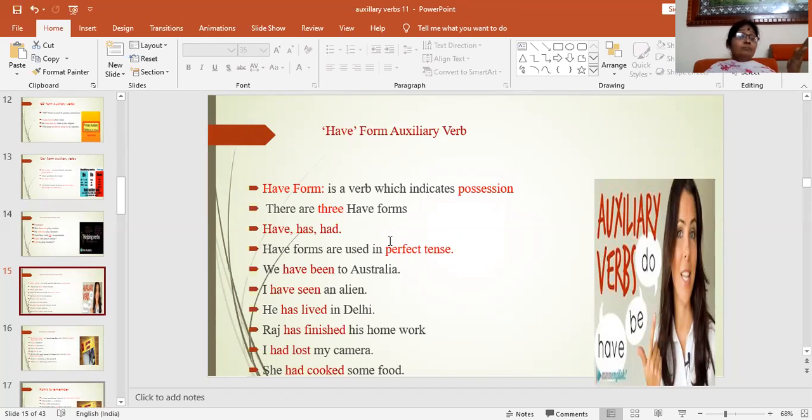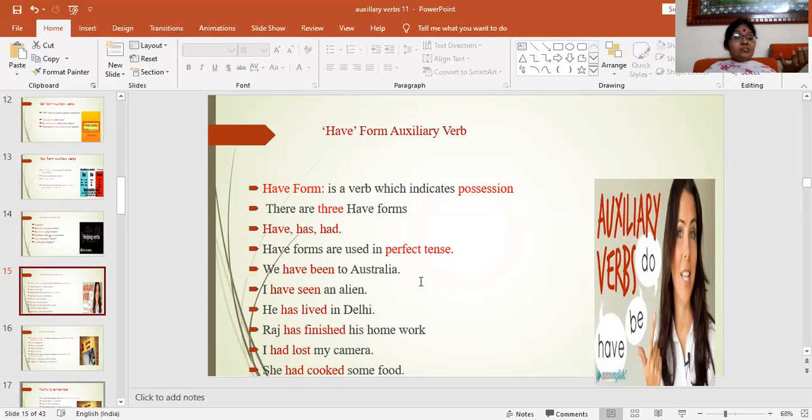Now, have forms are used in perfect tenses, present or past. For example, we have been to Australia. I have seen an alien. He has lived in Delhi. Raj has finished his homework.